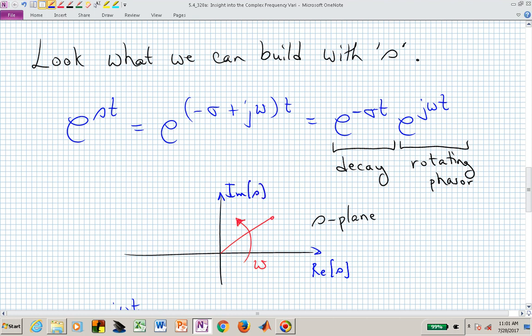And for a given omega, as t counts up from 0 to infinity, this omega t gets bigger, but that now omega t means that we're spinning around, and whether or not we're decaying or expanding will influence where this point is moving as we spin around with a value of omega.